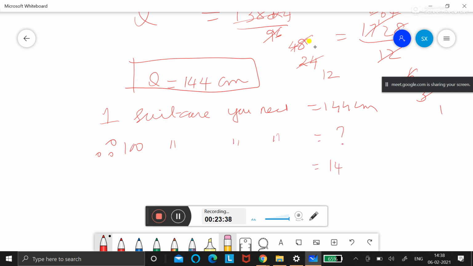You should multiply 144 into 100. How much? 14,400. Okay, now it is centimeters. If it is this many centimeters, how will it convert into meters? You should divide by 100. So 144 meters is the answer. Okay, that's all. It's easy.